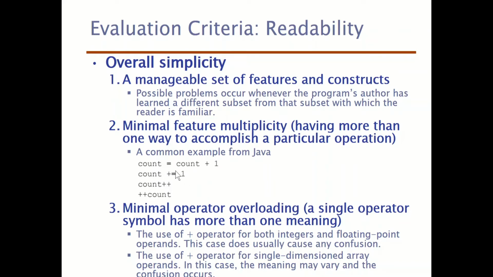Or we can use the combined or abbreviated assignment statement, count plus equal 1. It's very similar to this. Post-increment and pre-increment, actually those are a bit more specific and they have different meanings, but if they come on one line by themselves, just one line each, they will have the same result.